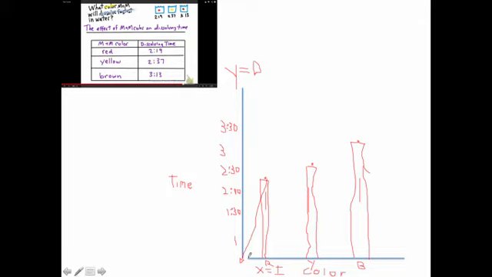Draw a line from 0 to your first point, and then you would draw a line to each point. Okay, and this would show that as you go, the time it takes for the color to dissolve increases. So red is the least amount of time and brown is the most amount of time.